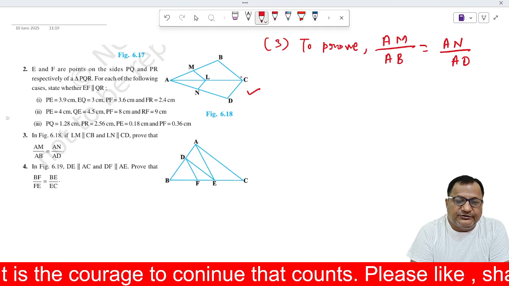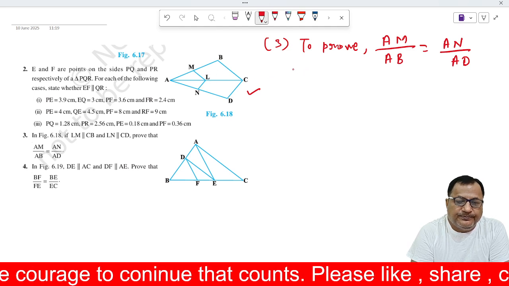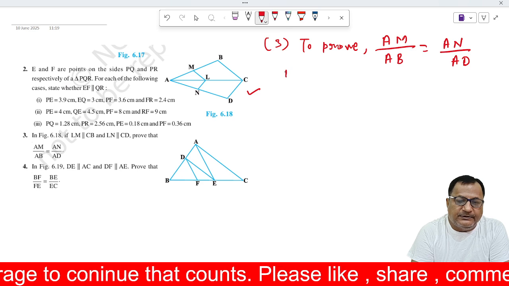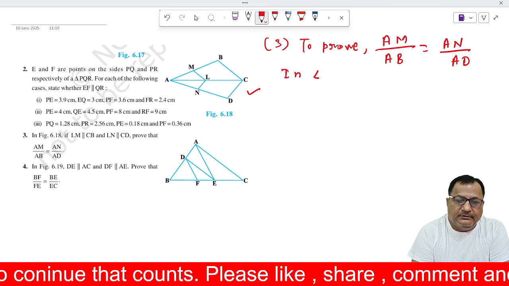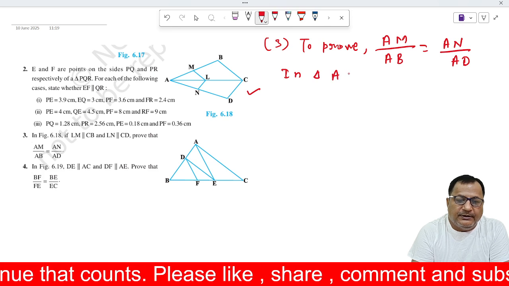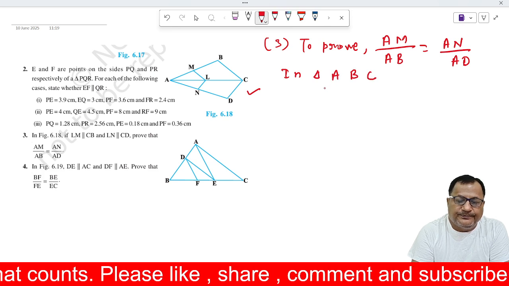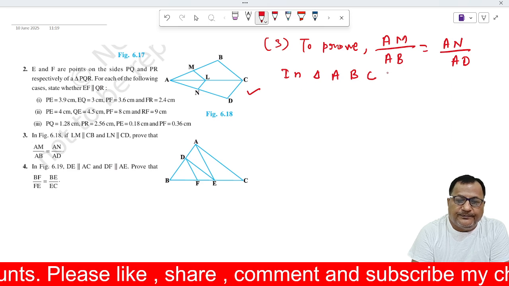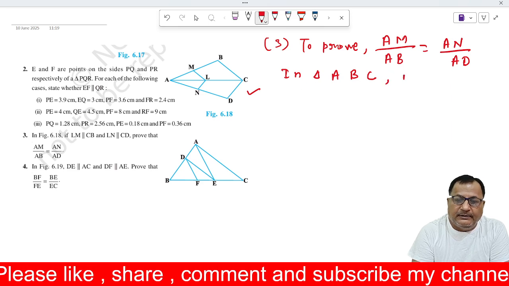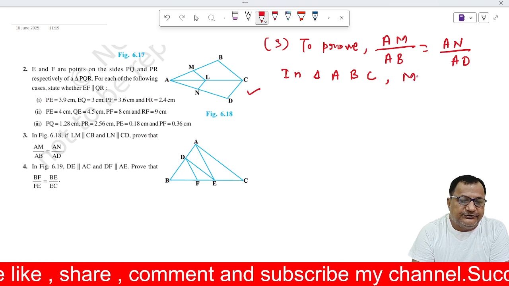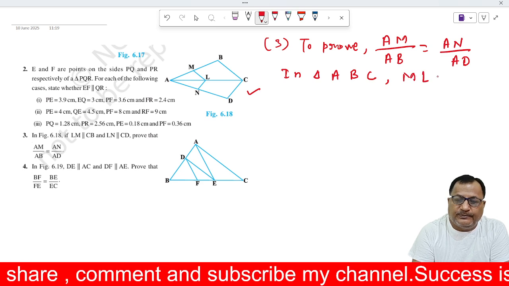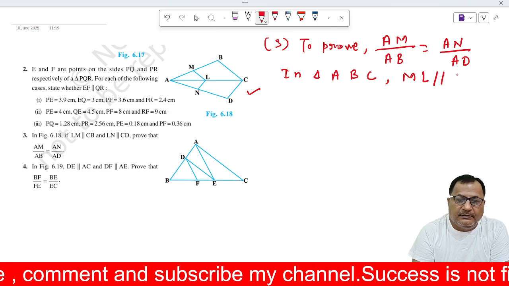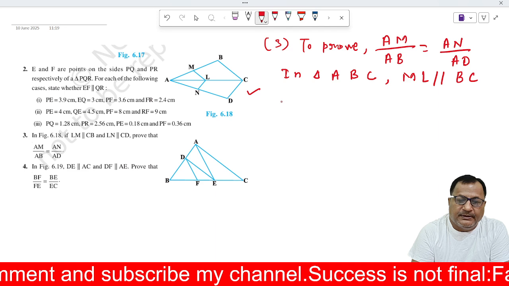So see in this figure, in triangle ABC, ML is given parallel to BC.